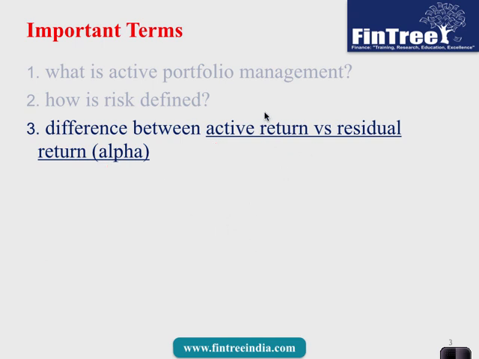Now once you've built an understanding of this concept, then think of a scenario. Let us say we have two portfolio managers, portfolio manager A and portfolio manager B. We are looking at the residual return that these portfolio managers have been able to generate. Okay, so let's look at year 1, year 2, year 3 and year 4.